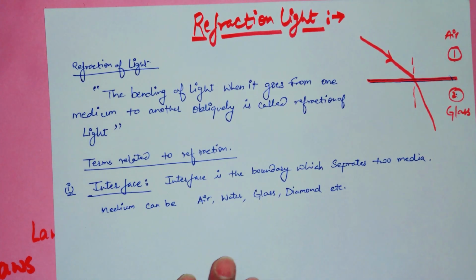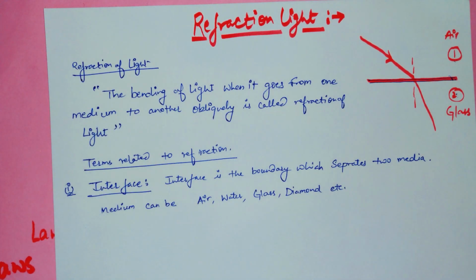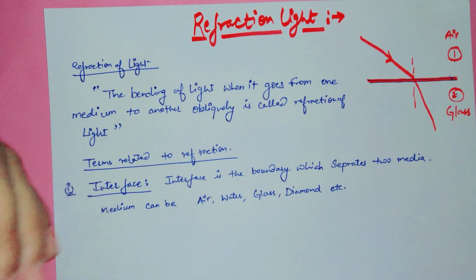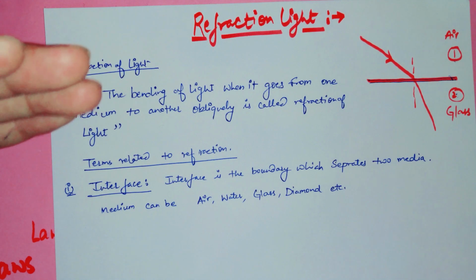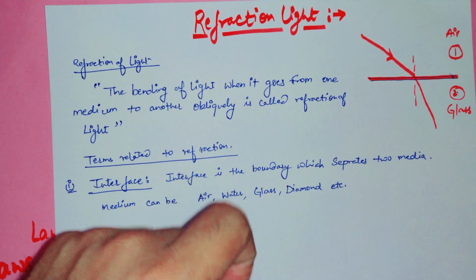Depending on from where the light is going to which medium, we will study how light will bend, either towards the normal or away from the normal. This depends on these media.